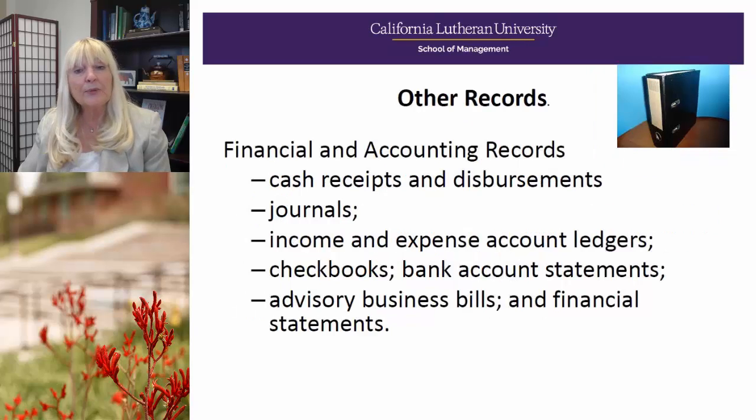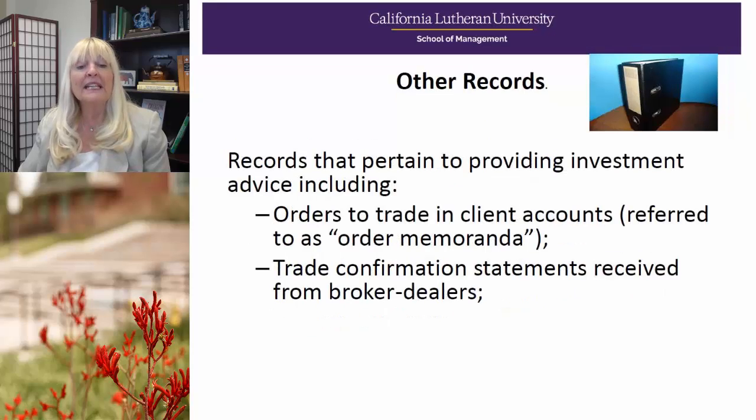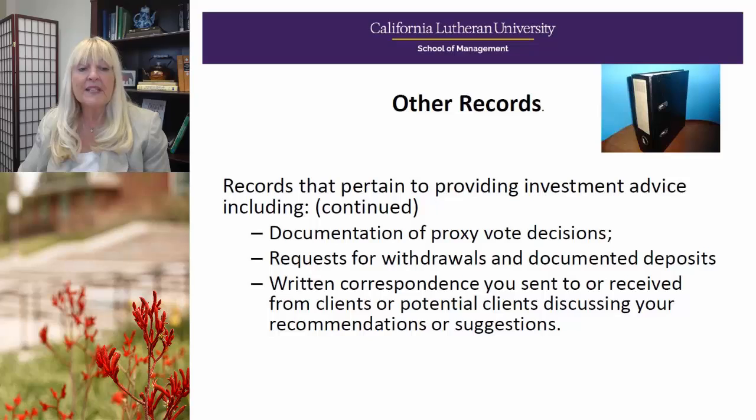Now, other records that would be required in case you're audited are all your financial and accounting records, your receipts, your disbursements, any kind of journals, any income and expense account ledgers, your checkbook, your bank account statements, your advisory business bills and financial statements, any orders or trades that clients have submitted, or any trade confirmations for them.